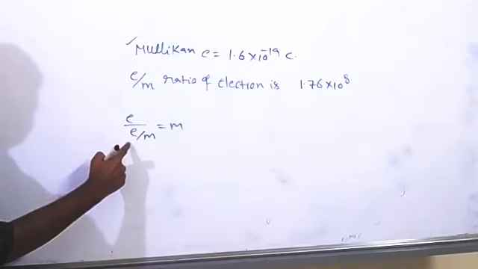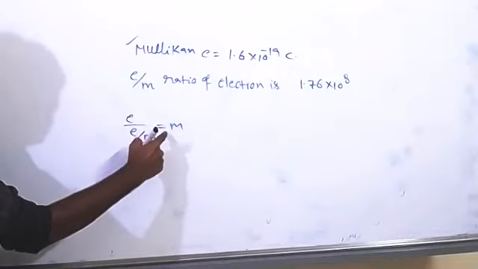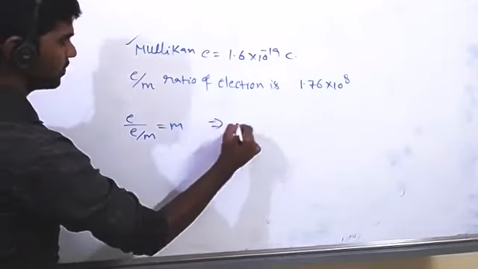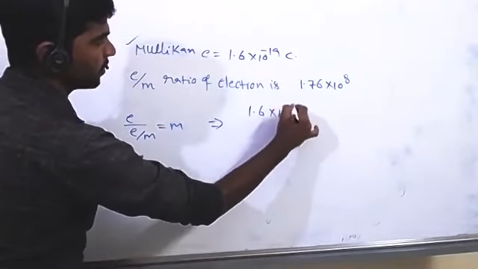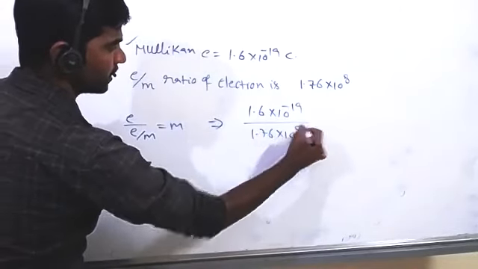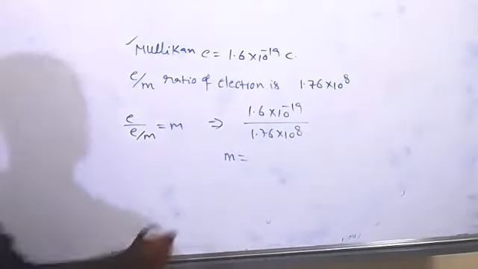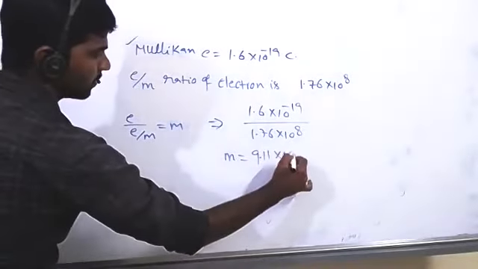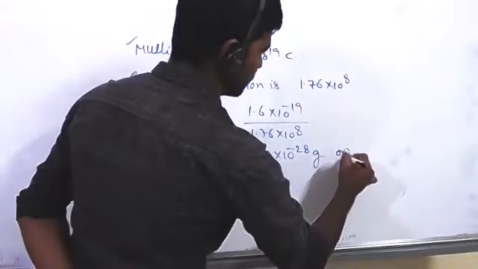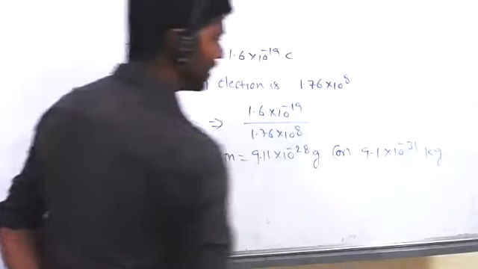Charge of electron divided by the e/m ratio of electron, e gets cancelled, only mass remains. So if you apply this, charge of electron 1.6 × 10^-19 divided by 1.76 × 10^8, it gives the mass of electron, 9.11 × 10^-28 grams, or 9.1 × 10^-31 kilograms. This is the mass of electron.